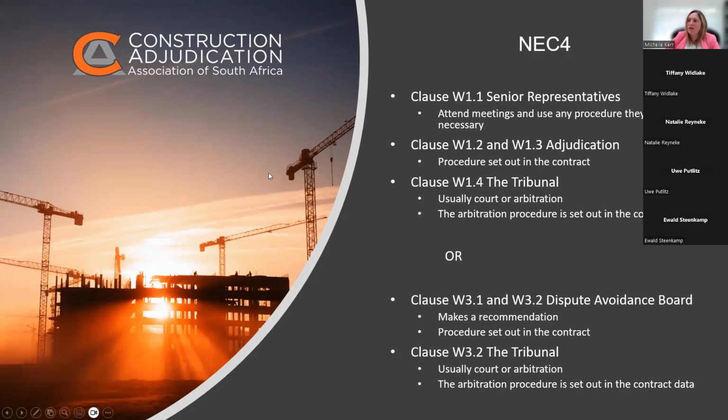Okay, so interestingly, the NEC4 has made a bit of a change to that. Now when the parties are negotiating their contract, before the signature, they have to choose. There are options W1, 2, and 3 in both the NEC3 and the NEC4. W2 doesn't apply. It applies to the UK, where they've got the UK Housing Grants Act, which is a legislative entitlement to refer to adjudication, which we don't have here.